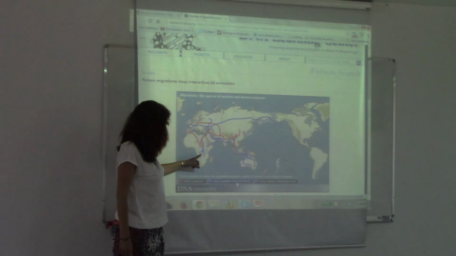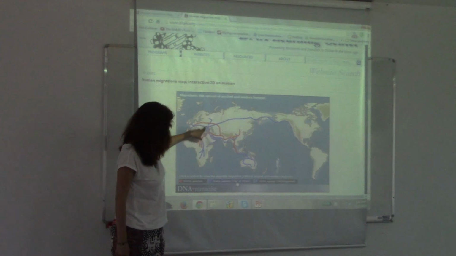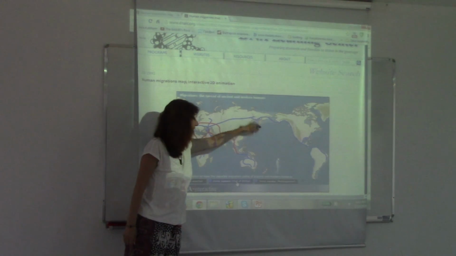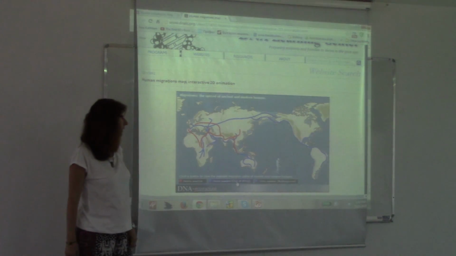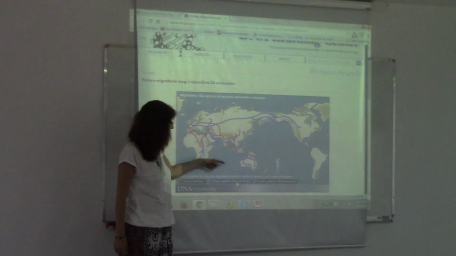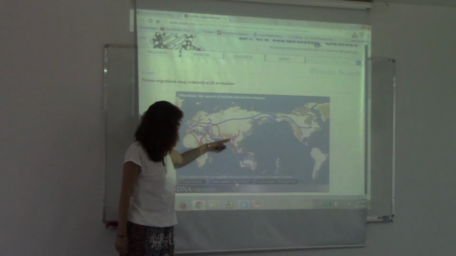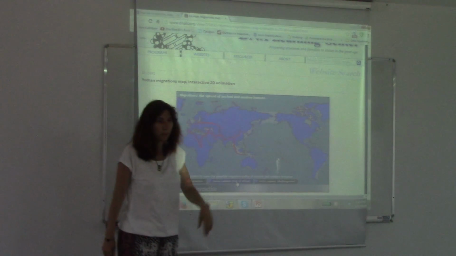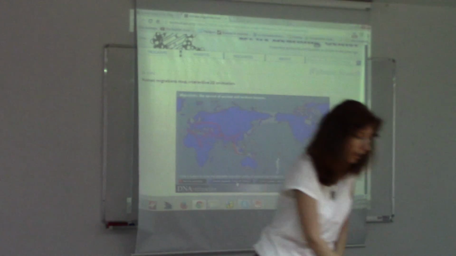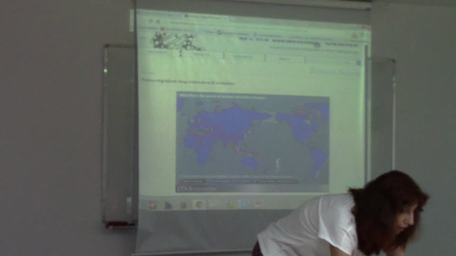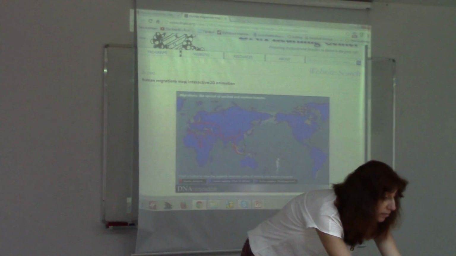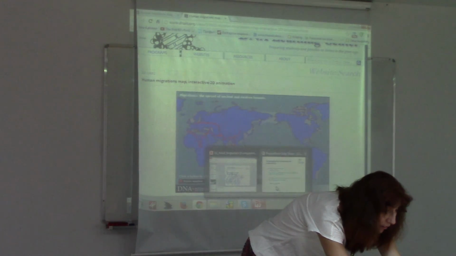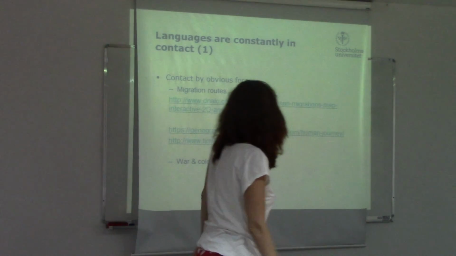So the migration routes go from here into mainland Asia and then by the Bering Strait into the Americas, and another route goes into South Asia and then Australia, and then we spread way too much. Okay. All of these migrations lead to language contact, and not necessarily a peaceful one.